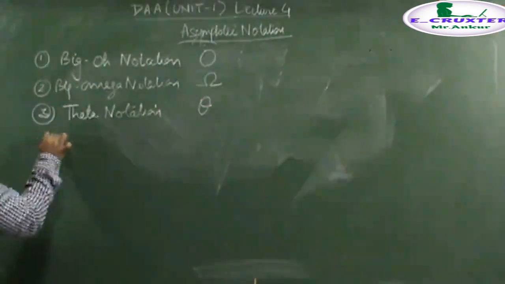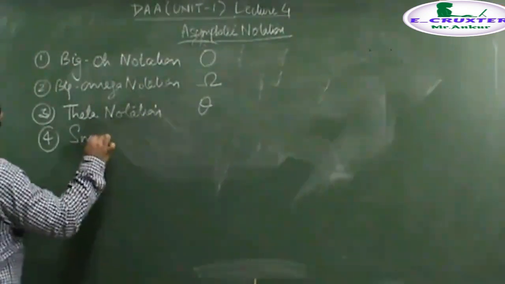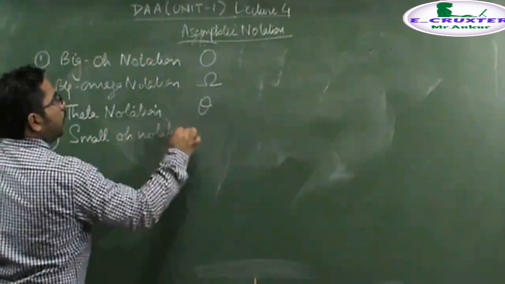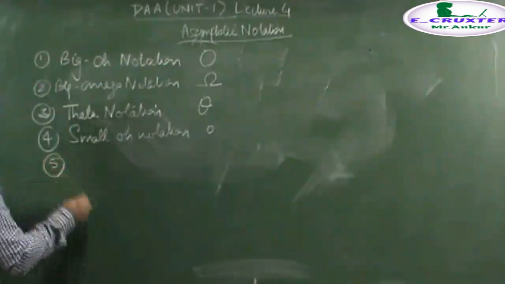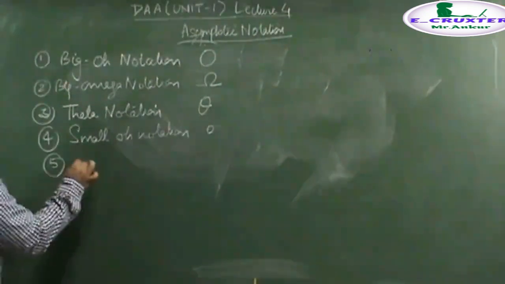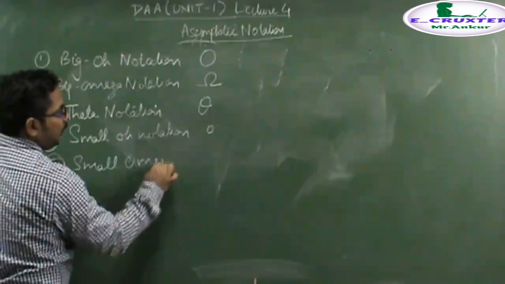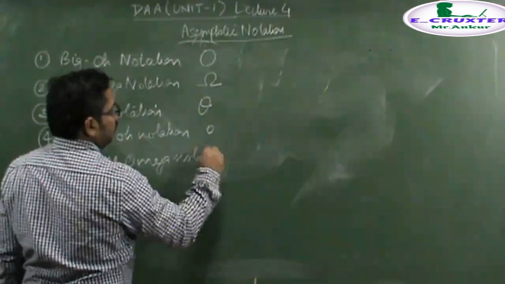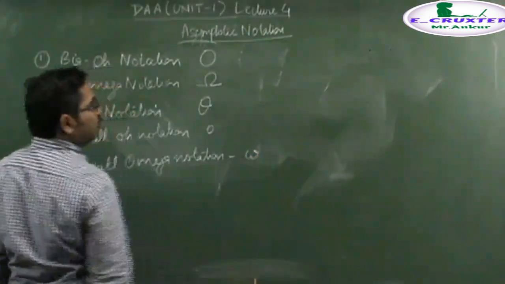Fourth is the small o notation, denoted by small o, and the last one is the small omega notation, denoted by small omega.